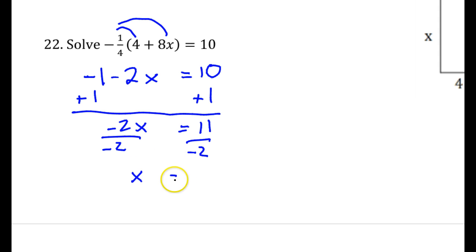X equals negative 11. Please leave your answer as a reduced fraction. Don't make this 5.5 or anything. This is fine the way it is. It just should come directly from solving the equation.